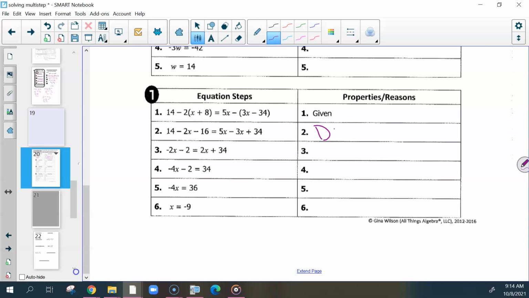Distribute property. From step 2 to step 3, they added. So they move this over here.